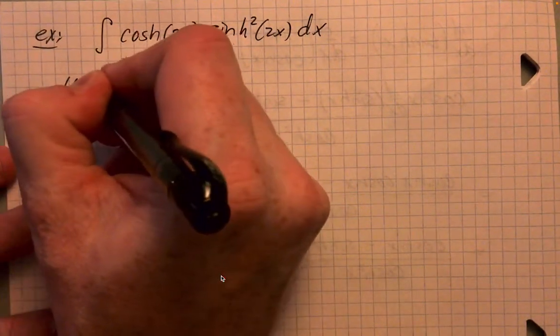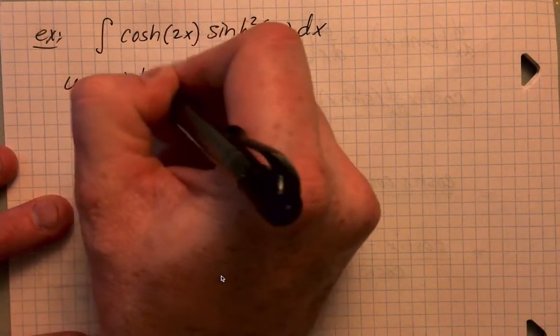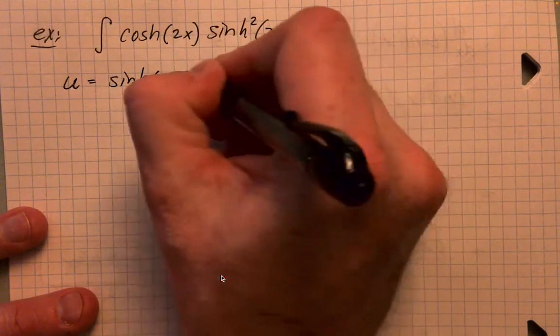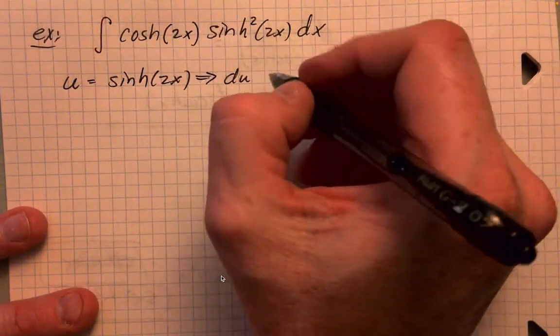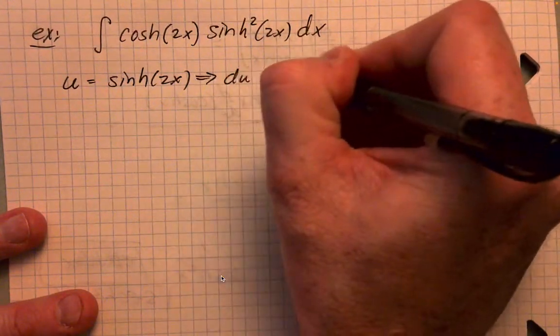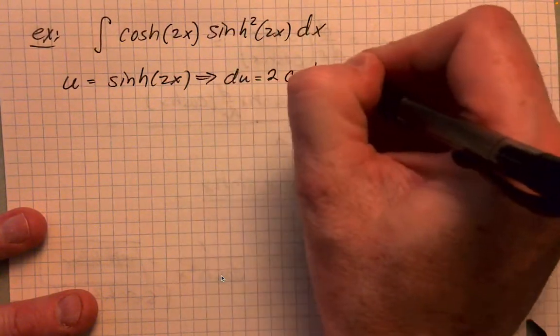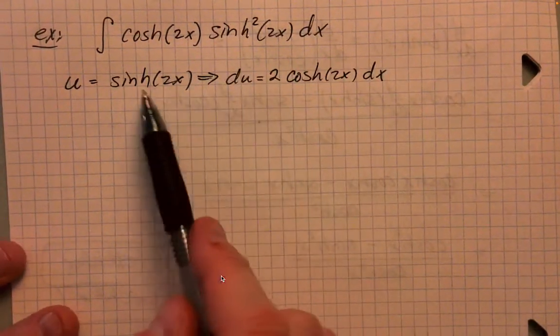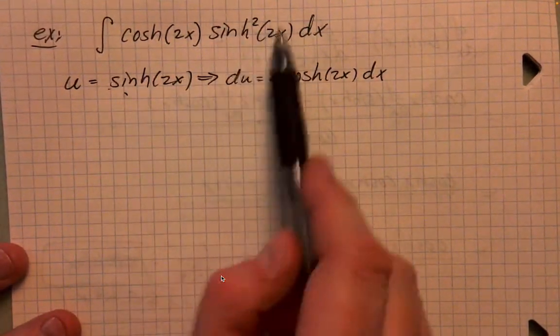So if we let u equal sinh of 2x, then du we know is 2 times cosh of 2x, right? Okay, and so you can kind of see we have most of it. So sinh of 2x gets us u squared.